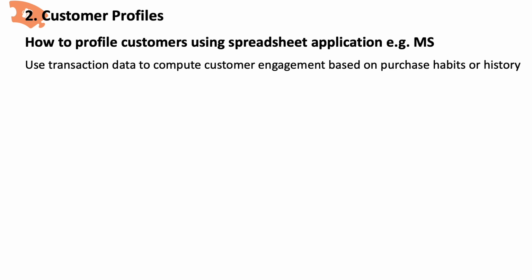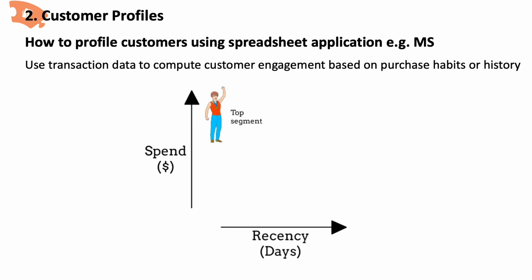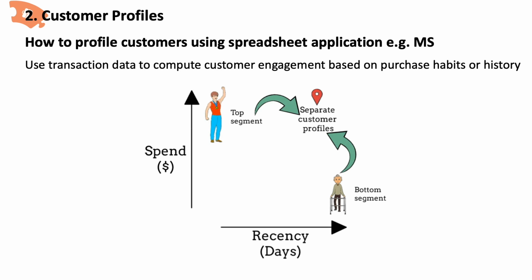For example, we can filter to identify the top customers, those who have more than average spend, but less than average recency. That is, spend more than X dollars and have a recency of less than Y days. Or the least engaged customers who spend less than X dollars and have a recency of more than Y days. This would help you break down your customer base into separate, distinct groups for targeting.